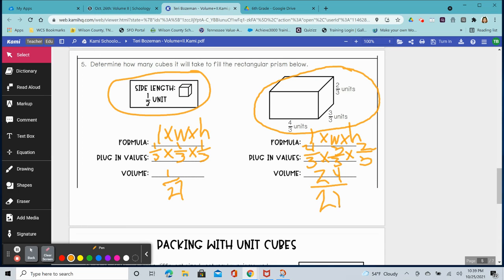Then we want to divide. We want to take our larger one, 24/27, and we want to divide that by the smaller one, which is 1/27. We keep 24/27, change division to multiplication, and then flip 27/1.